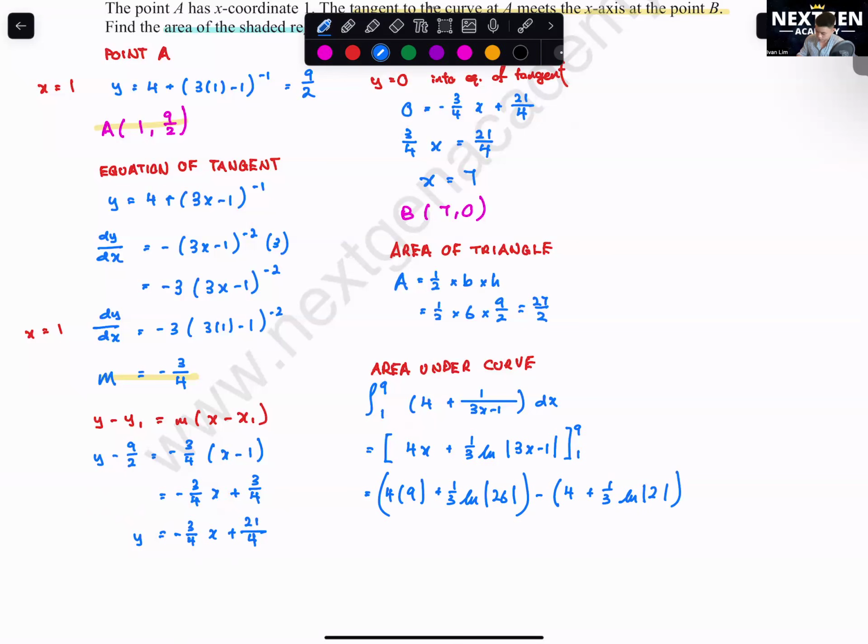Okay, go and calculate this. You get 32 plus 1/3 ln. Okay, both is 1/3, so we can just write it as 26/2. So 32 plus 1/3 ln 13.